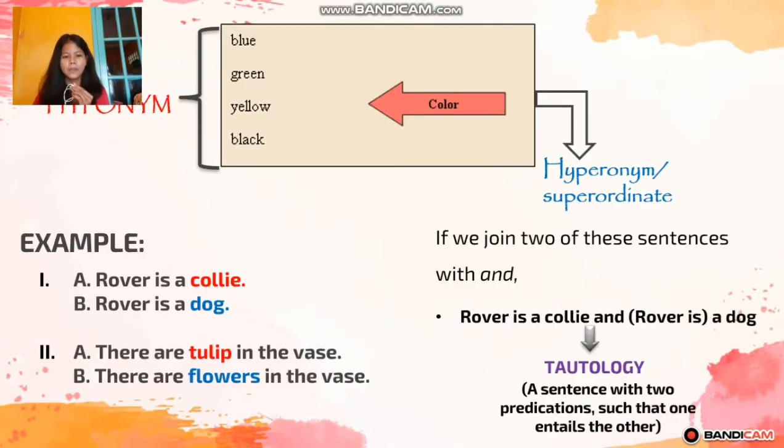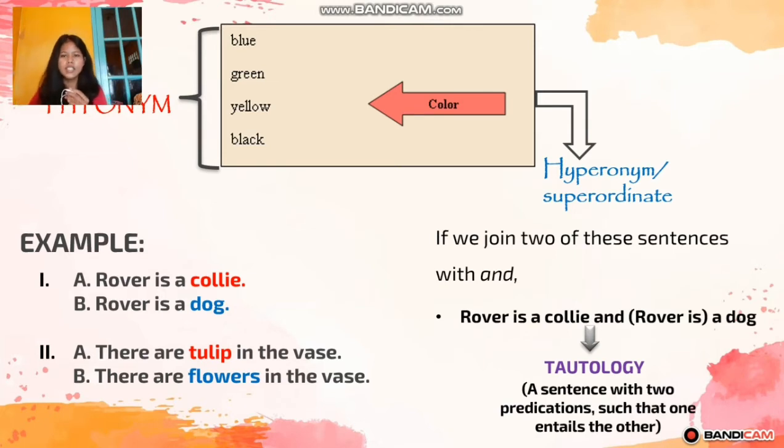For example, there are blue, green, yellow, and black. We can say blue, green, yellow, and black are hyponyms of color, while color is a superordinate or hypernym of blue, green, yellow, and black. And a superordinate can have many hyponyms.